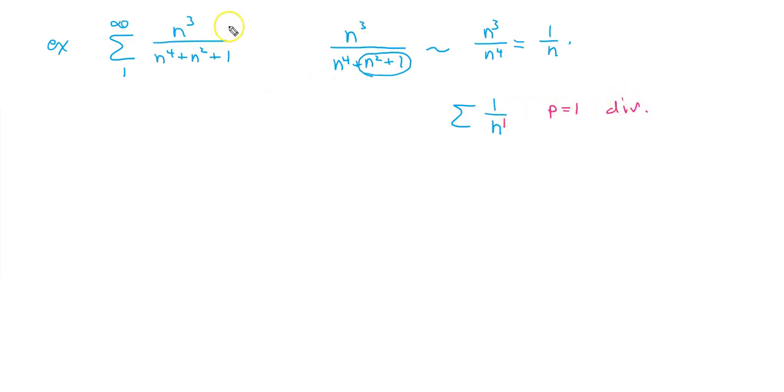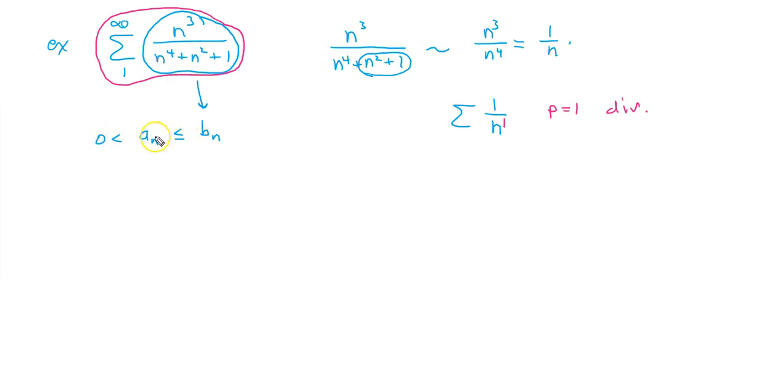So we have a feeling that this series here will diverge. All right, so what that means is we need to think of these terms as being the b_n's now. So these are equal to the b_n's. We're in case 2 now in that theorem that we looked at, and so we want to find a sequence of the a_n's, which are a little smaller than the b_n's and also bigger than 0, in which the series involving the a_n's diverges.